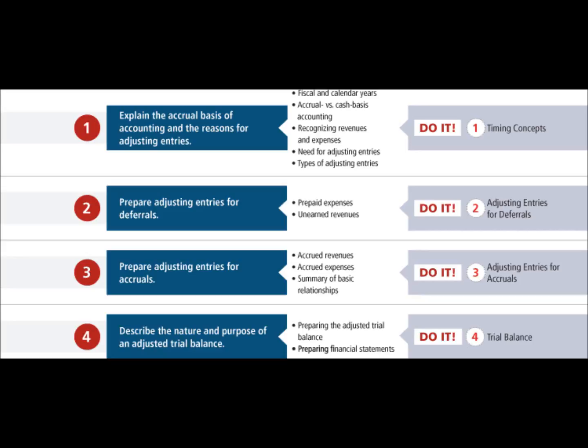Page 102 talks about the contra asset. That's where we put accumulated depreciation. It's an asset that acts the exact opposite of an asset. So its normal balance is a credit, right? Because it's offsetting the balance. It's important for us to see the balance as the net of the two.